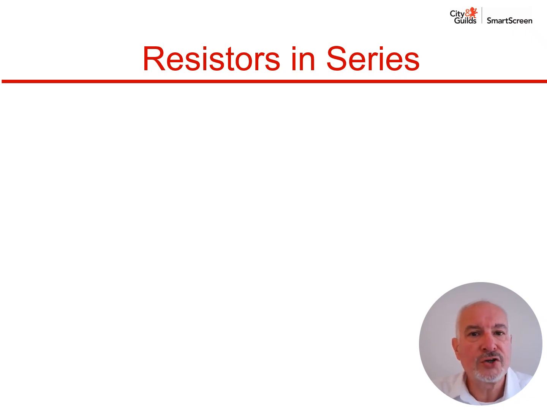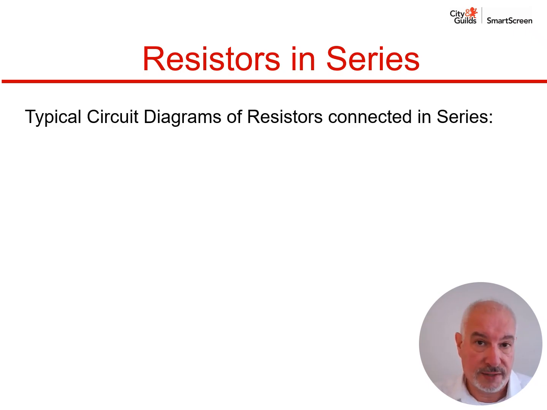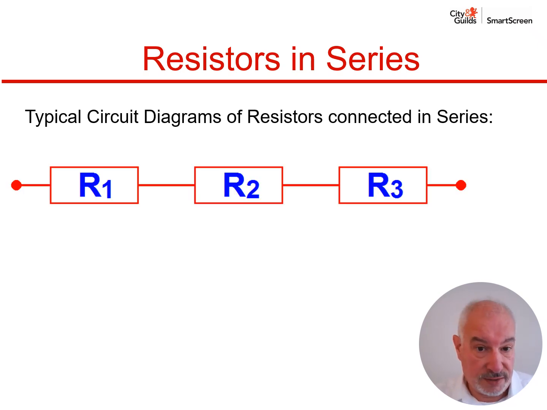We're going to take a look at how resistors will be shown in a diagram now. So in a series circuit, that means a circuit in which the resistors are connected in series, you may see something like this. Here we've got three resistors. The rectangle is the symbol for a resistor, so three rectangles, and they're identified as R1, R2 and R3.